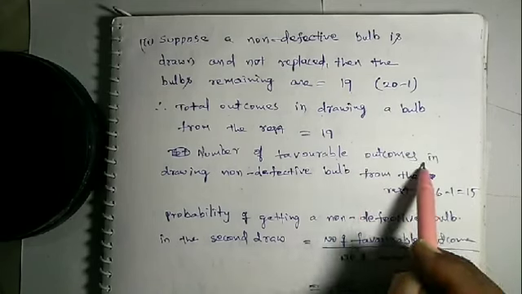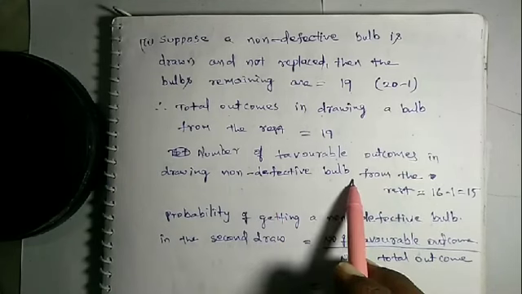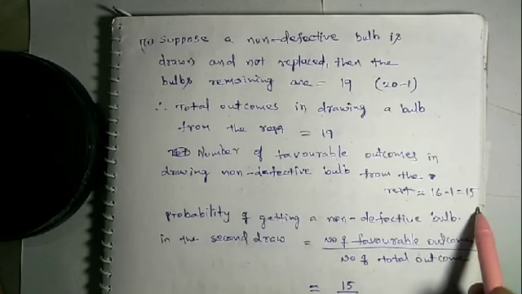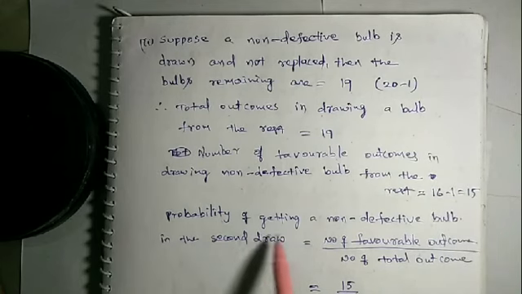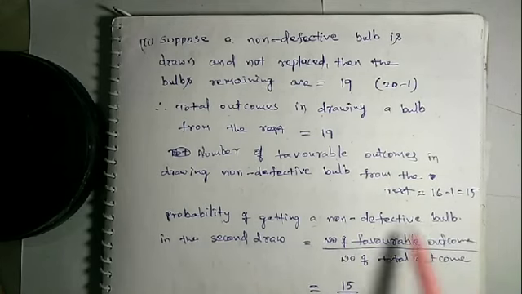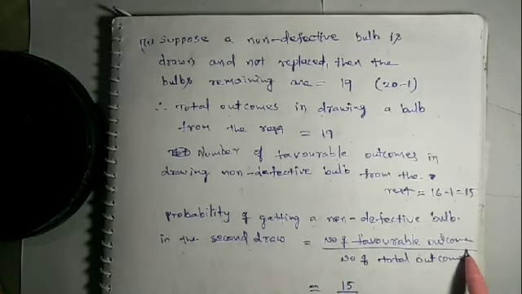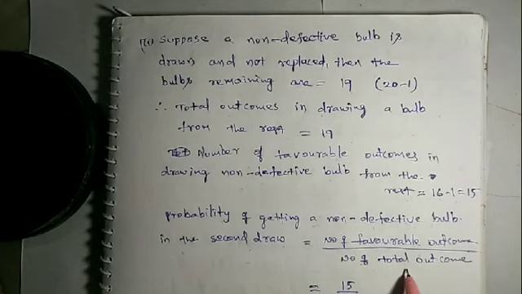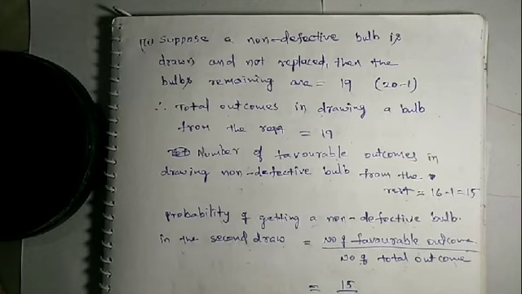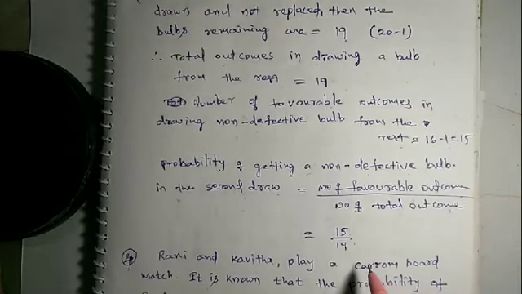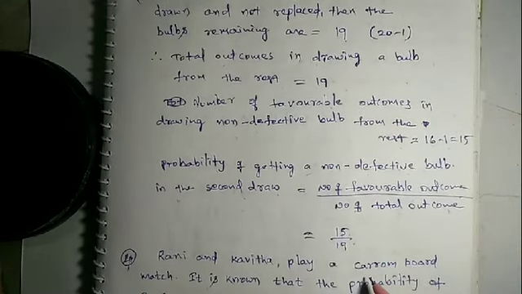Number of favorable outcomes in drawing non-defective bulb from the rest, that is equal to 16 minus 1, that is equal to 15. Probability of getting a non-defective bulb in the second draw: number of favorable outcomes by number of total outcomes, that is equal to 15 by 19. Now you observe all these problems and practice them and do it.